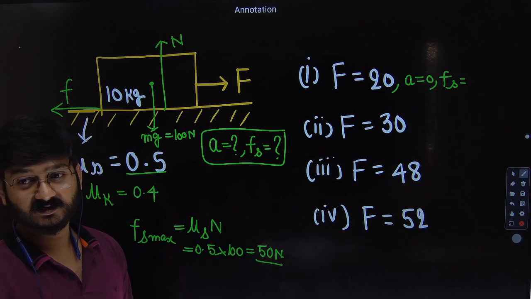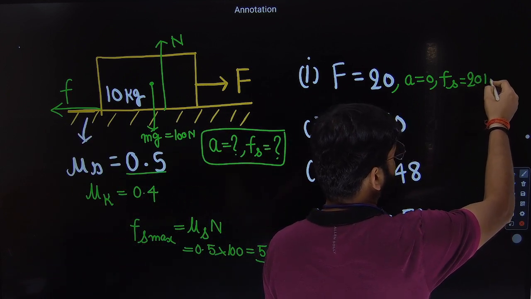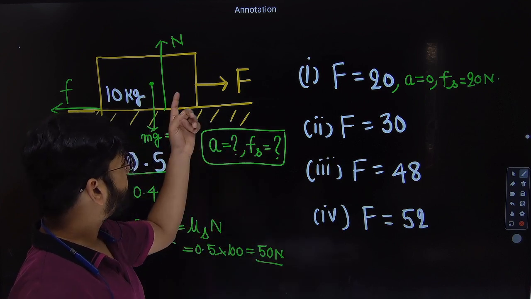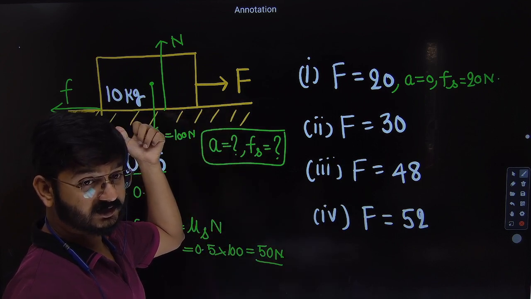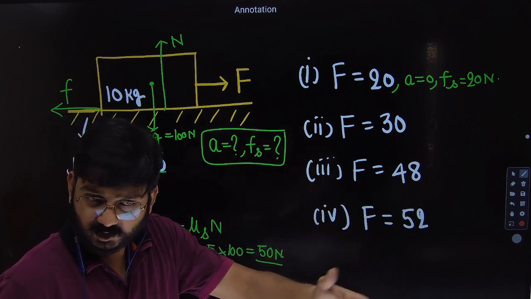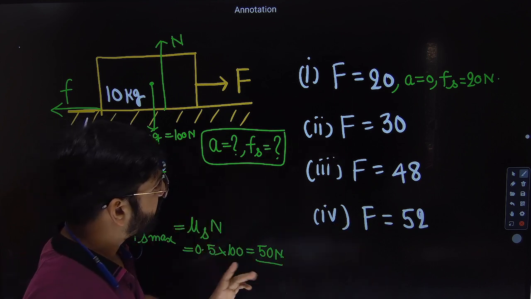What will be the static friction? 20. I told you the statement, static friction is self-adjusting. If it is 20 here, how much force do you need in the opposite direction to stop? 20. Or you can say just greater than 20, 20.00001. But approximately it is 20.